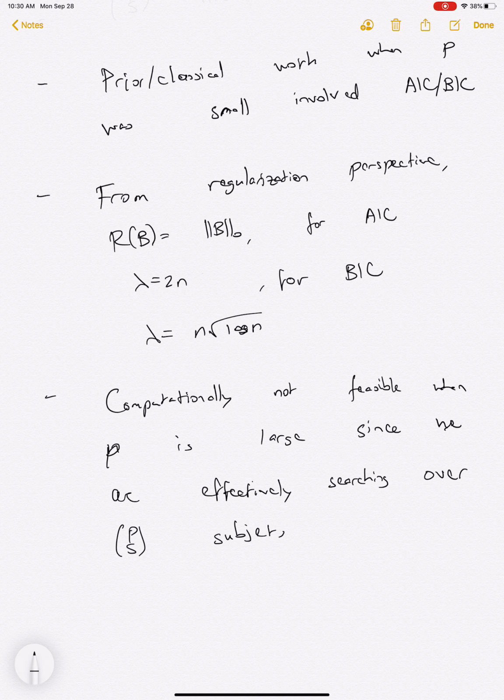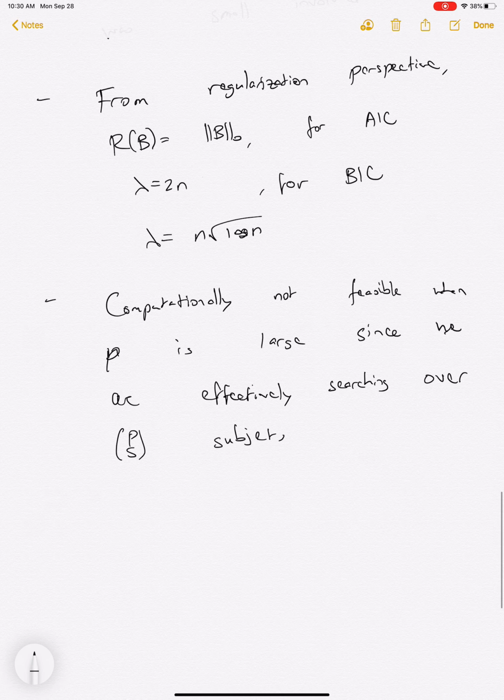You can imagine that if P is like 100,000 and S is like 100, how big that number is. What AIC and BIC effectively involve, when minimizing the loss plus the L0 norm, which isn't really a norm, is plugging in each of the P choose S different models and picking the one that minimizes that objective. That isn't computationally feasible at all.